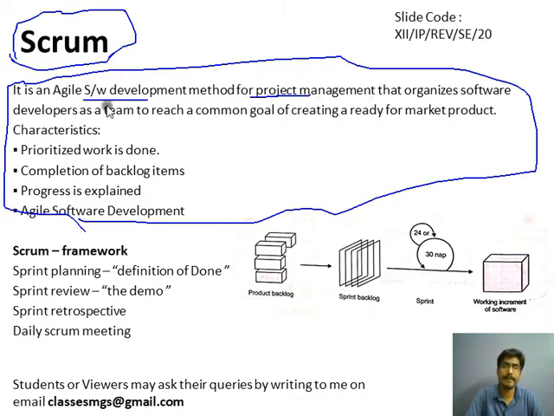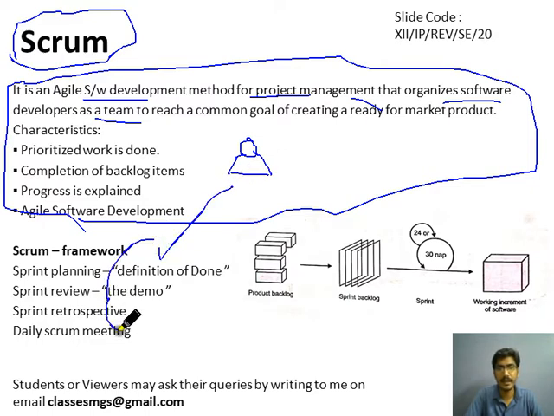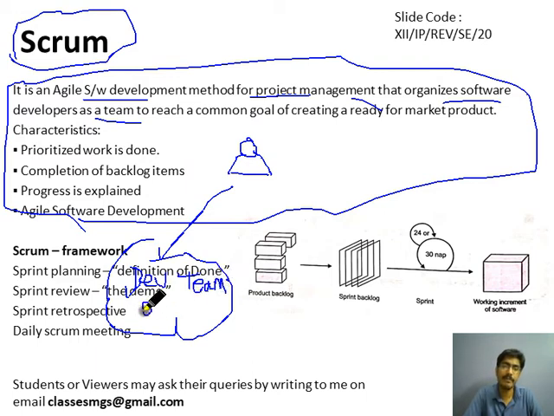Scrum is an agile software development method for project management that organizes the software developers as a team. What does Scrum do? In Scrum there will be a Scrum master who will organize the team, and there will be a development team of, let's suppose, five members.